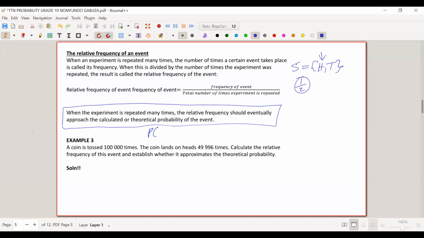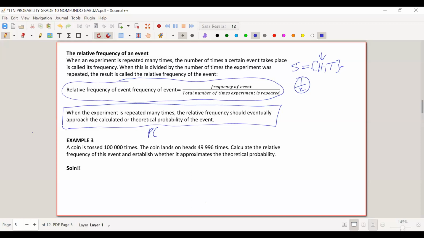So example 3 says a coin is tossed 100,000 times. Then the coin lands on heads 49,996 times. Calculate the relative frequency. So we're going to be using this formula over here.